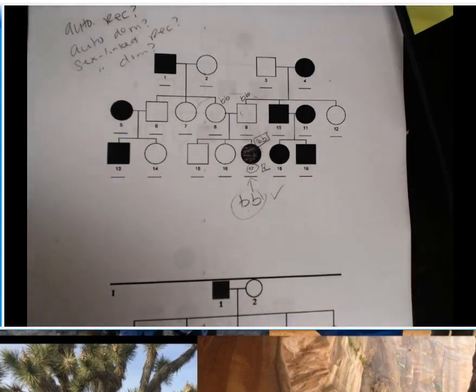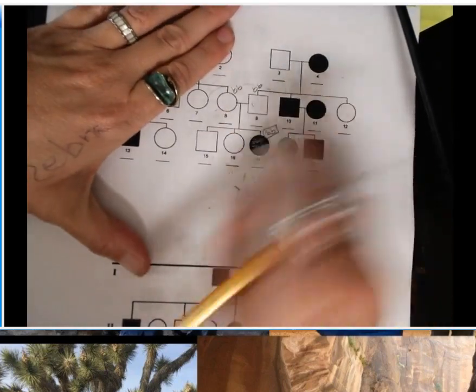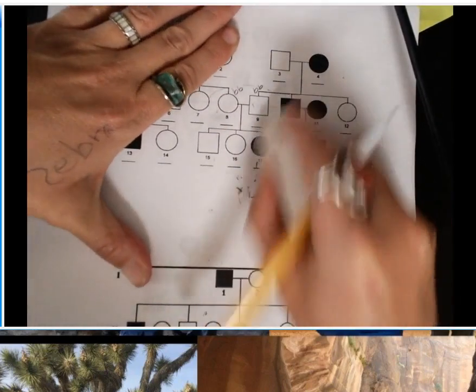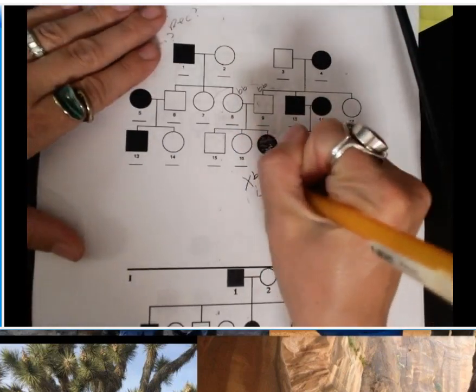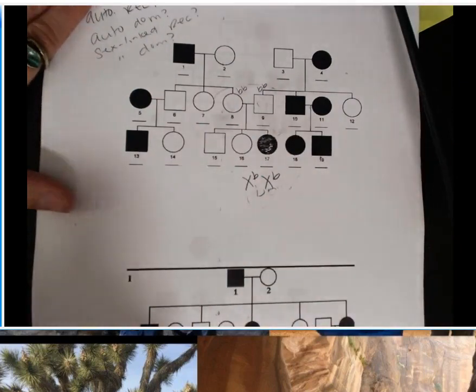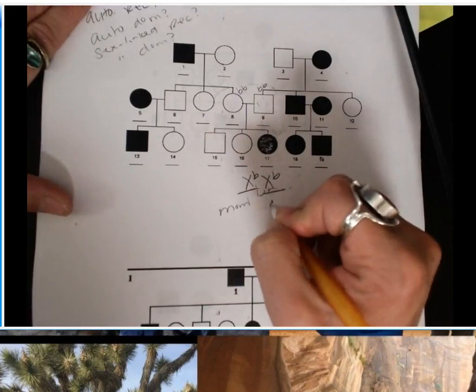But then the question becomes, is it sex-linked recessive? Well, if it was sex-linked recessive, then this female, in order for her to have this trait, would have to be homozygous for it. That means she got one from her mom and one from her dad.